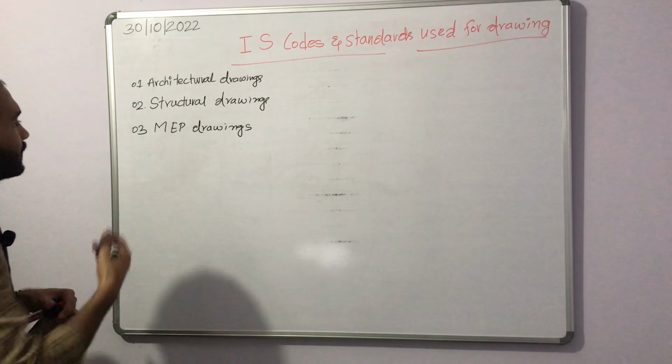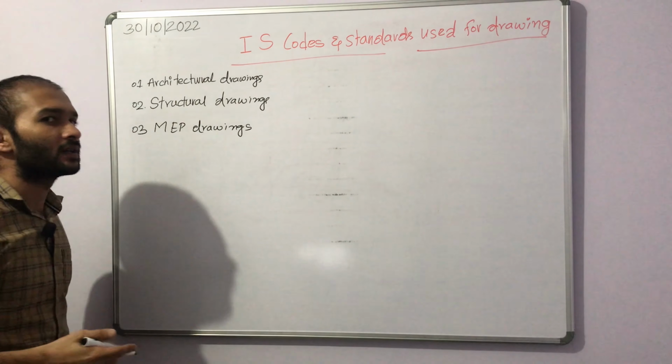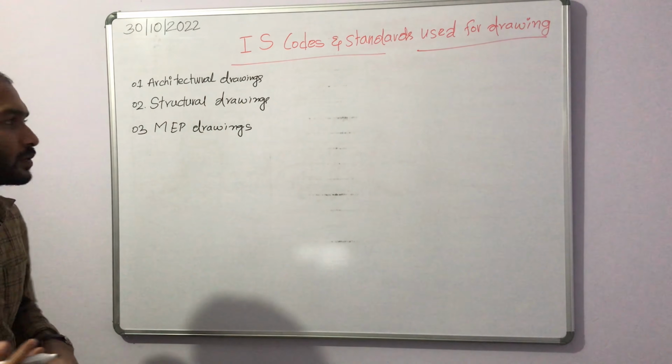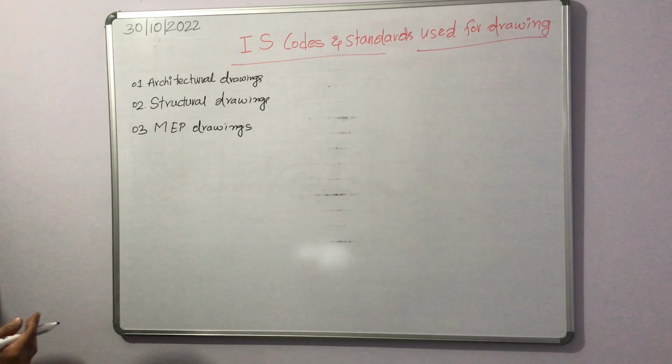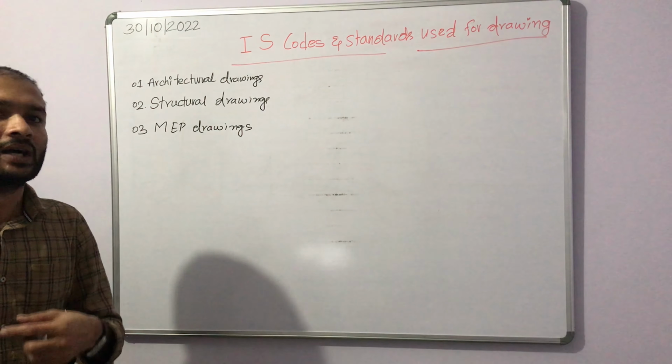For example, in terms of architectural drawings, they include purely floor plans: what the dimensions of the buildings are, what the layouts are, and how it could be.